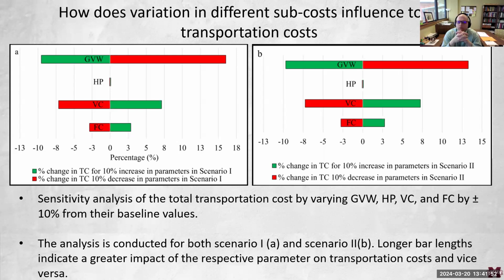So interesting that the gross vehicle weight mattered so much, and you can see, interestingly enough, for scenario 2, where there are the bridge outages or bridge problems, even increasing the gross vehicle weight doesn't buy you as much as it does when the roads are all in good repair. So there's a bit of an additive effect. Increasing gross vehicle weight does help reduce costs in both scenarios, but road obstructions mute the effect, right?